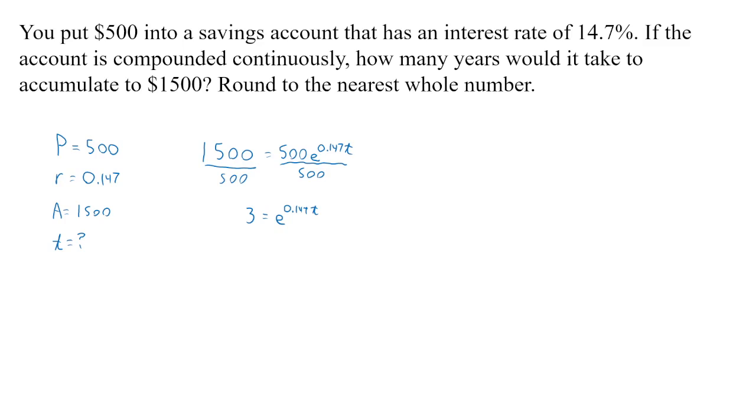So now we're going to use the definition of logarithms to rewrite this. So this is 0.147t equals natural log of 3. Divide both sides by 0.147.